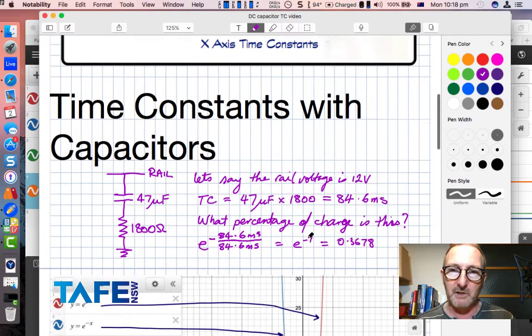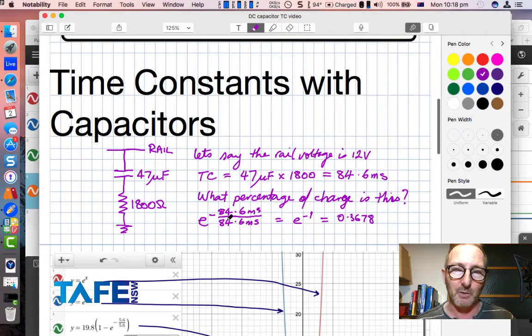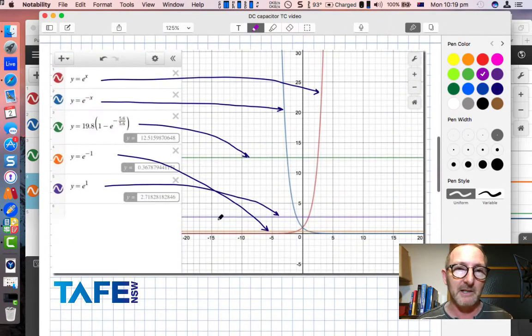What percentage of charge does this represent? Well, this is where this negative index comes in, and it's e to the minus. I've taken one time constant divided by one time constant to get minus 1. So e to the minus 1 is 0.3678. And that is the number that we saw here, 0.36787944.